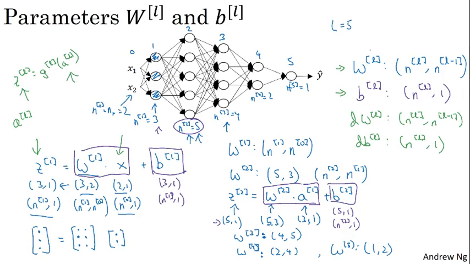Now, let's see what happens when you have a vectorized implementation that looks at multiple examples at a time. Even for a vectorized implementation, of course, the dimensions of W, B, dW, and dB will stay the same, but the dimensions of Z, A, as well as X will change a bit in your vectorized implementation.